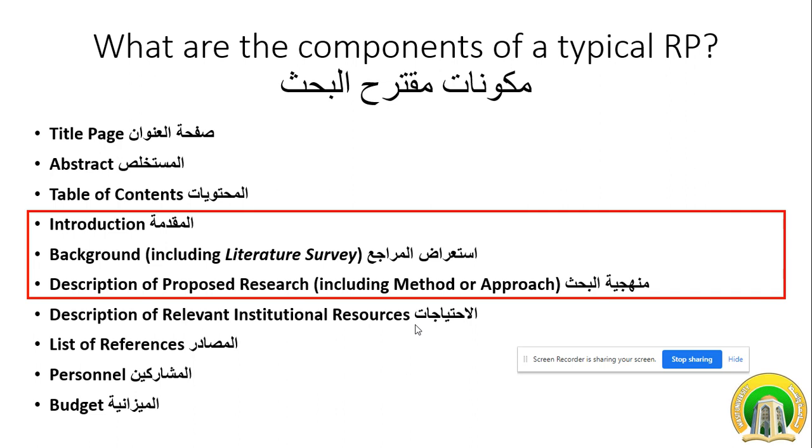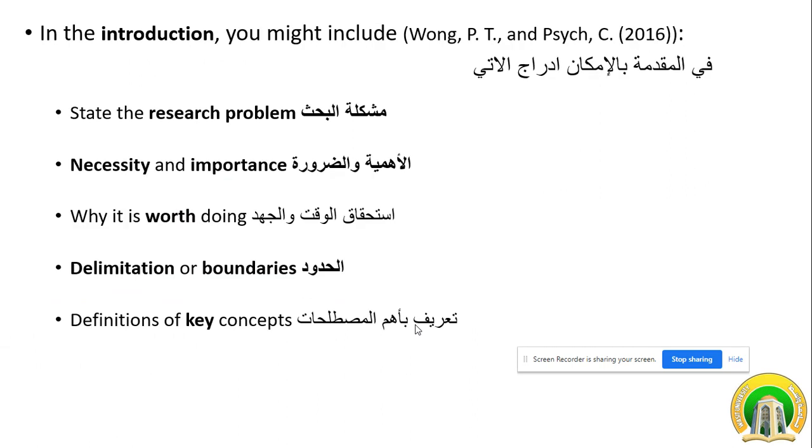And you would put some resources that you need, also list of references, personnel, and the most important is the budget. So I will show you the things that I put in this red area in the previous slide.